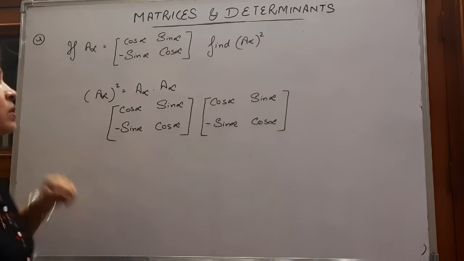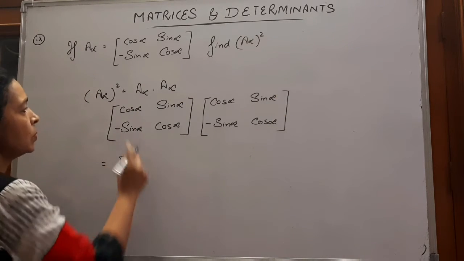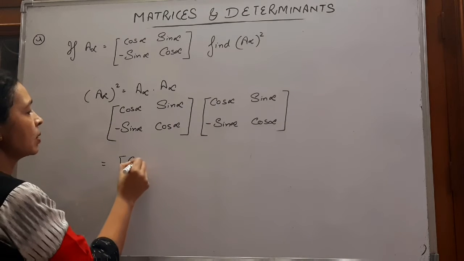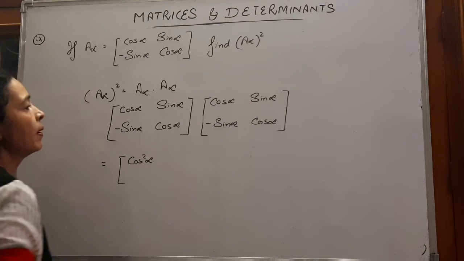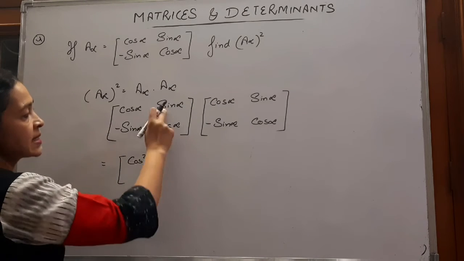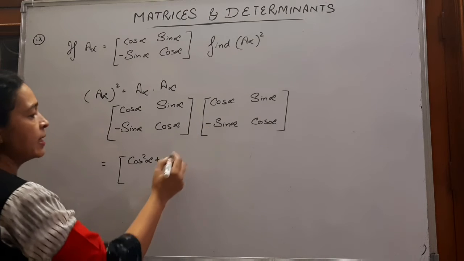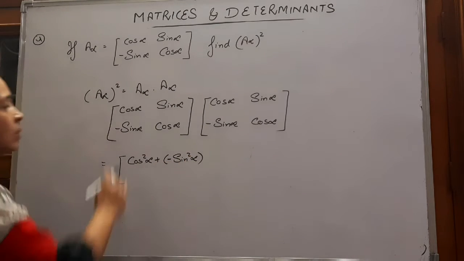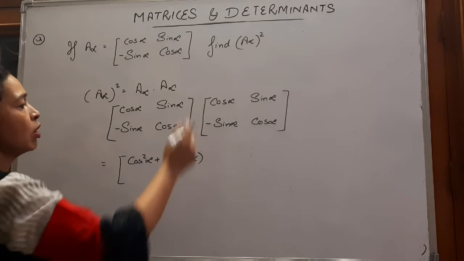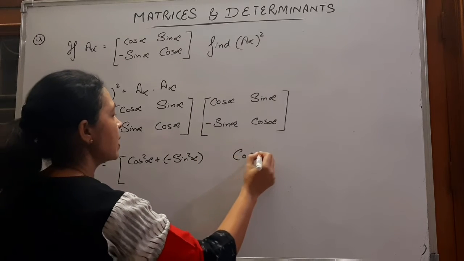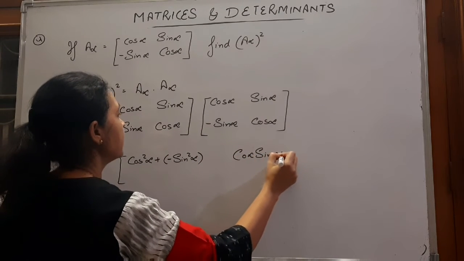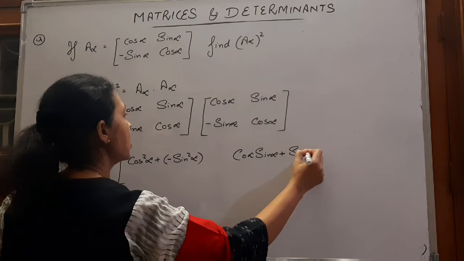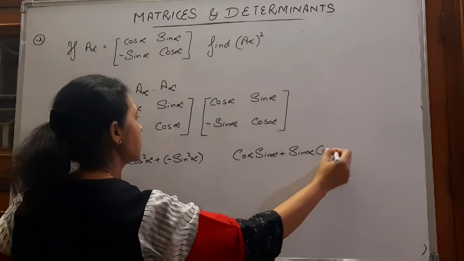First row with first column, cos alpha into cos alpha, cos square alpha, plus sin alpha into minus sin alpha, minus sin square alpha. First row, second column, cos alpha sin alpha plus sin alpha cos alpha.